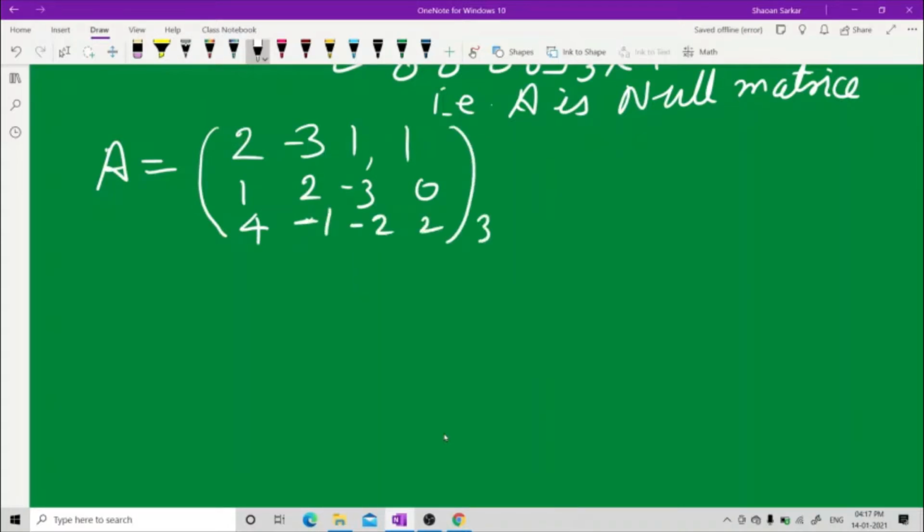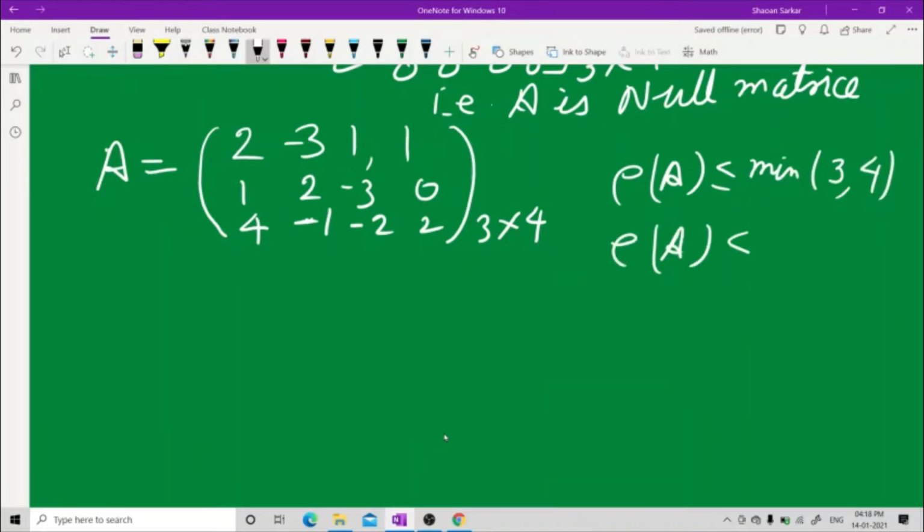Now this is a 3 cross 4 matrix. That means the rank of A is less than or equal to the minimum of 3 comma 4, so the rank of A is less than or equal to 3.